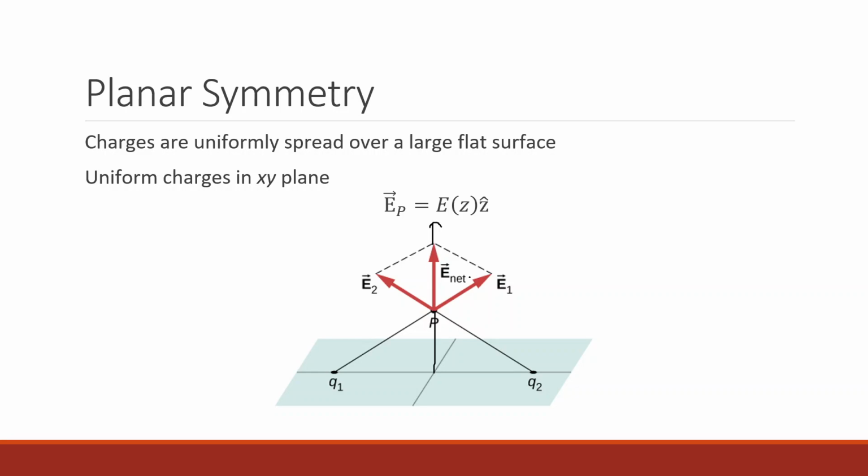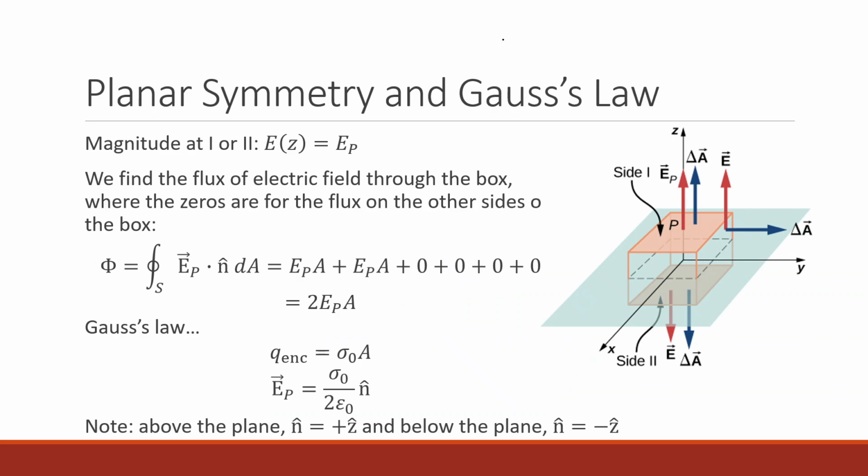So looking at planar symmetry and Gauss's law now, we have our planar surface, and then we're going to choose something like a box, and we can find our electric flux through this box. This is going to be our Gaussian surface here.